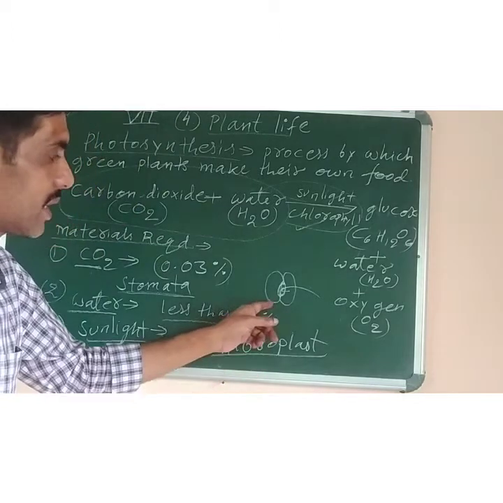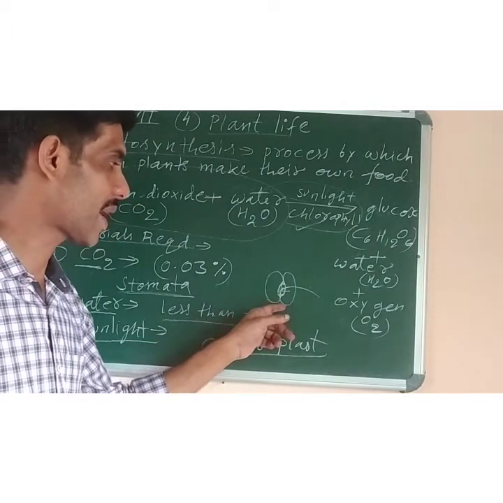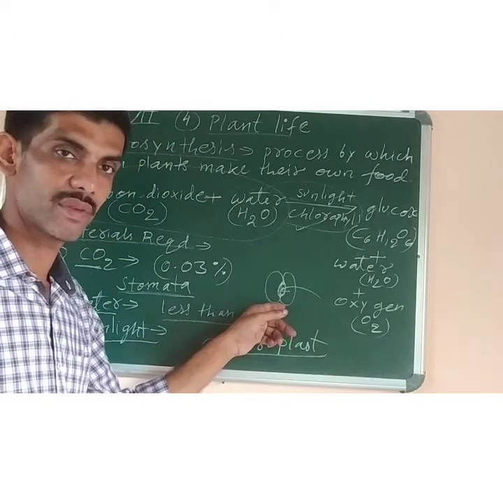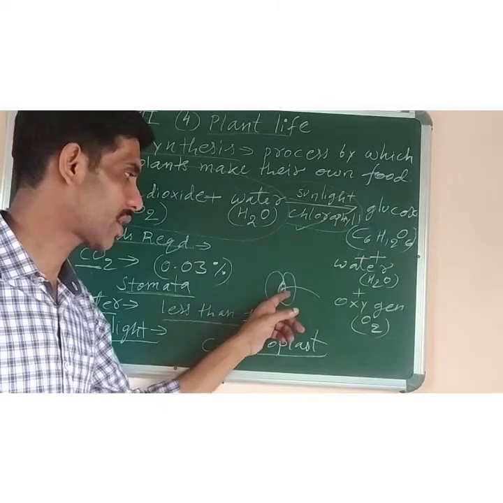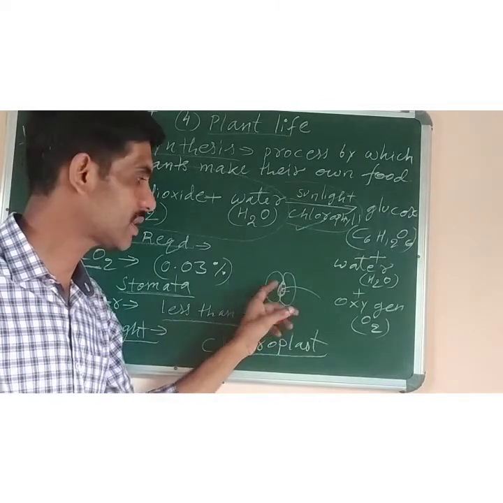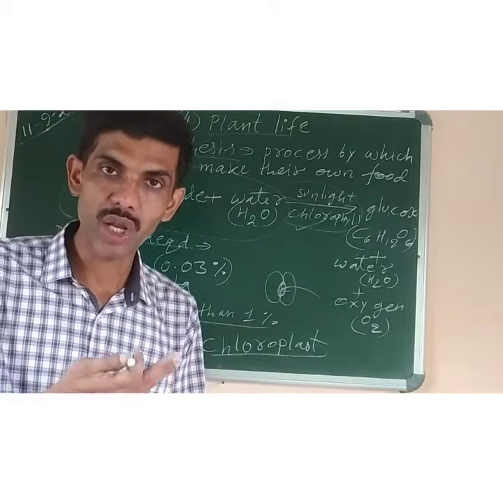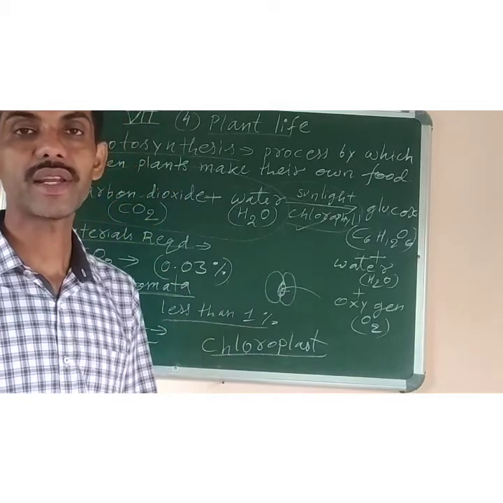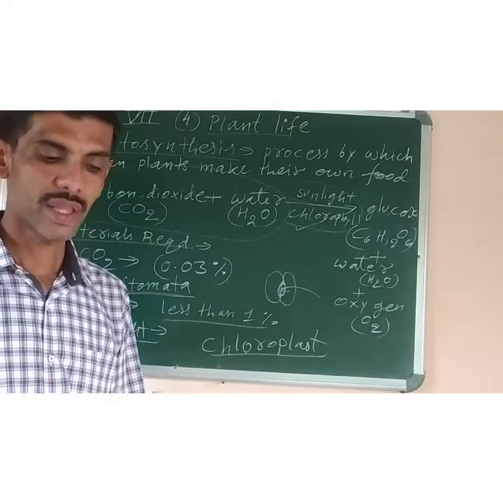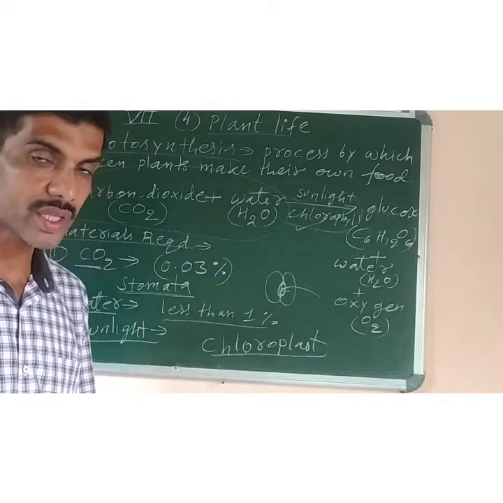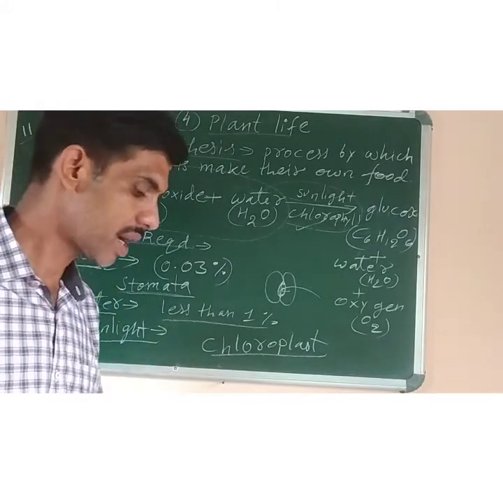Then we will find that this structure, the stomata, will be seen. With the 2 guard cells, an opening called stomata will be seen. Many such stomata will be present on the lower surface of the leaf. Generally it is found that in the dicot leaves, the number of stomata is more on the lower surface as compared to the upper surface.